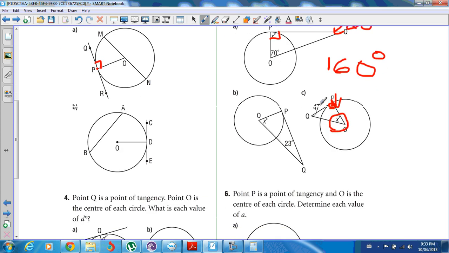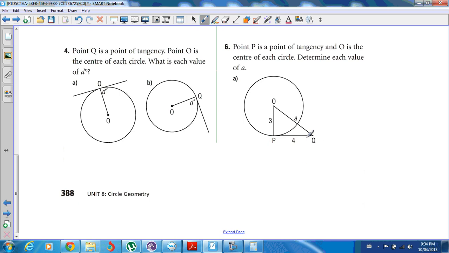So that's why we need to know that three angles in a triangle add up to 180 degrees every time. So here's our 90-degree angle. Here's our 23-degree angle. Add them together. See what we need left to get to 180 degrees, and that will be this angle here.